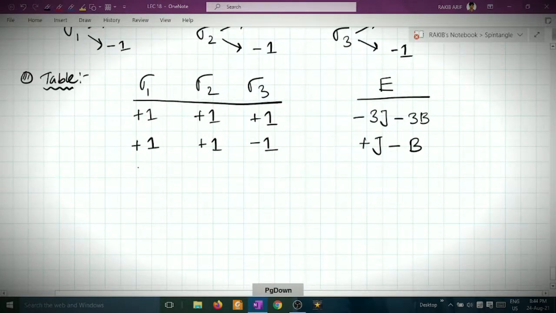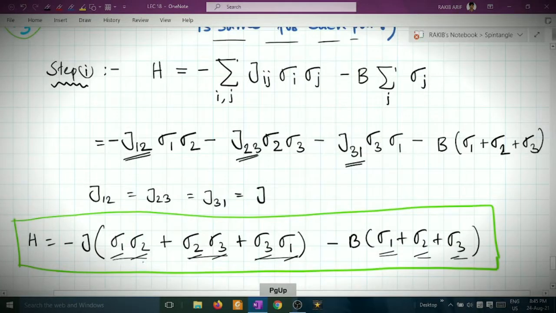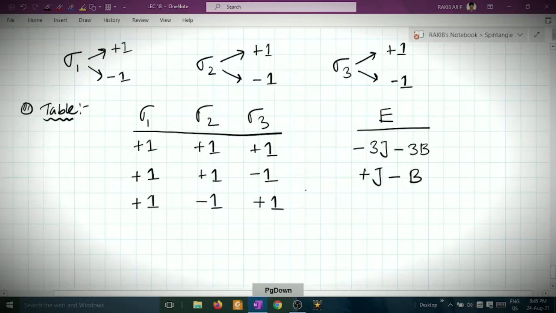And in the same way you can put plus 1, and in the second term it is minus 1 and plus 1 also. So 1 minus 1, 1 minus 1 minus 1, you can check this thing. What is the value? That means j minus b, and here it is j minus b plus j minus b.